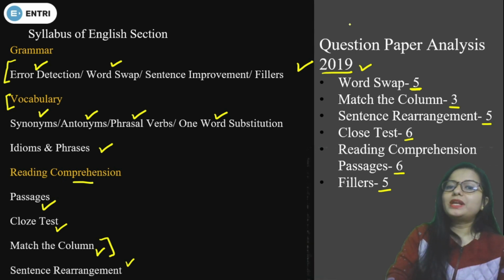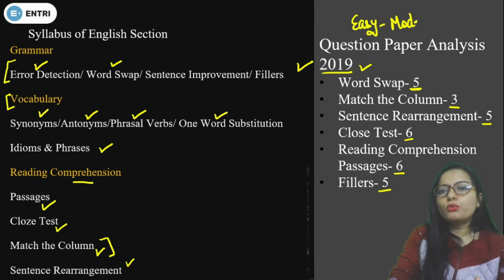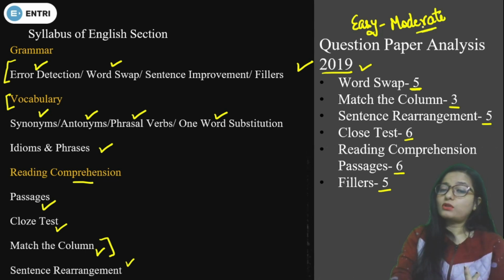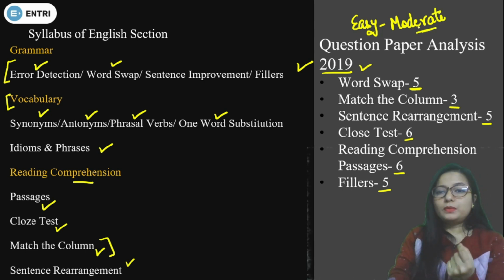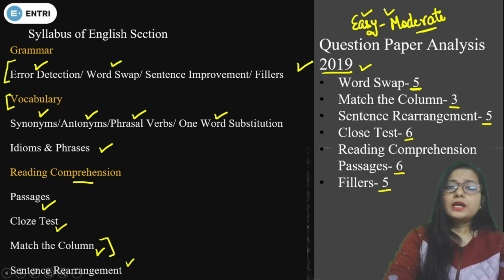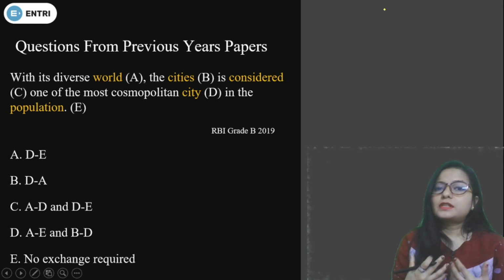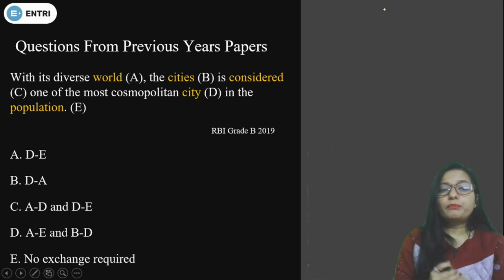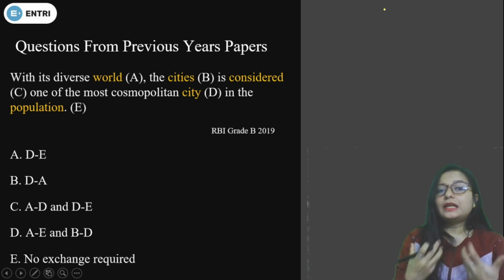When we talk about 2019, the questions were from easy to moderate level, and of course you have to be prepared for some difficult questions also, but most probably you will get only easy to moderate level of questions. Now the next thing we can do is solve some questions of previous year papers so that you can get an idea about the level of the questions.